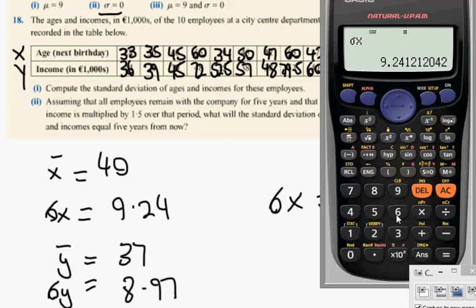Okay, now delta Y. Let's see what happens here. Shift, stat, variable. Number, oh, sorry. Shift, stat for number 6. 13.44. Now that one has changed, okay? 13.45, excuse me.